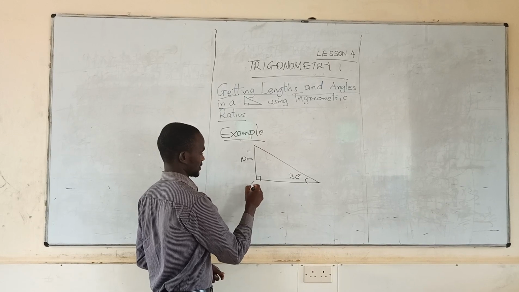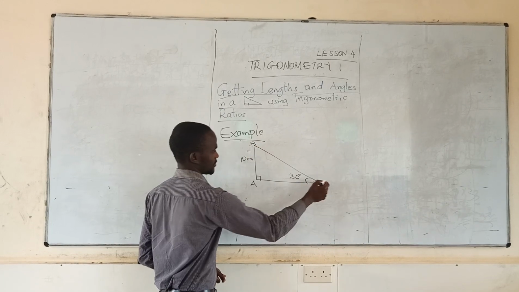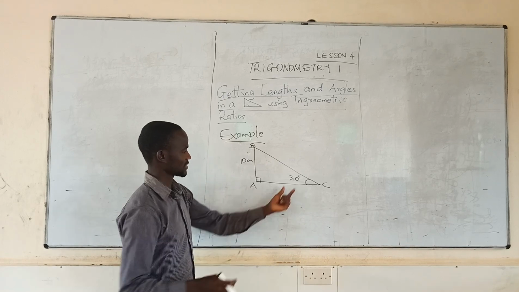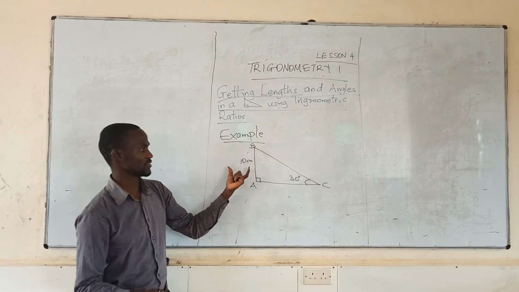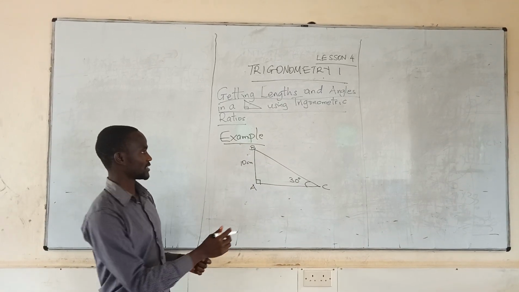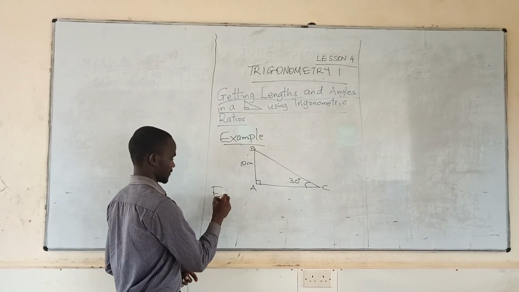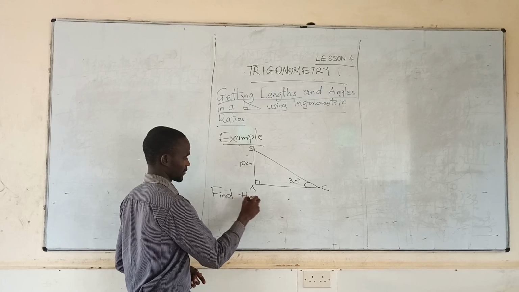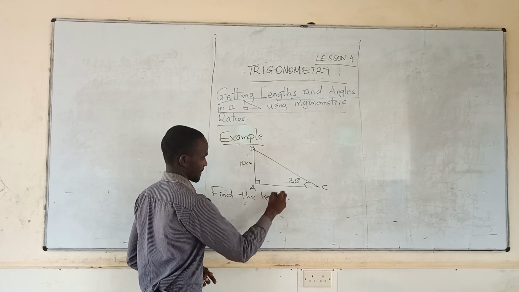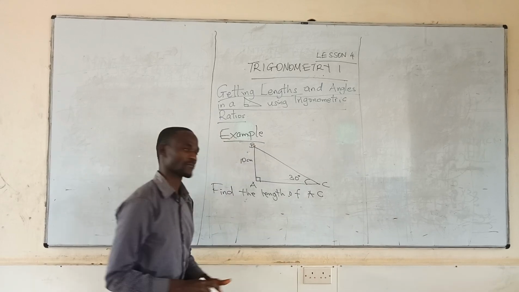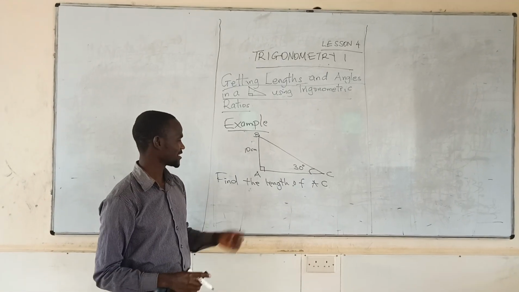This is triangle ABC. So you have been given this 30 degrees, then you have 10 centimeters, and you are asked to find the length of AC.